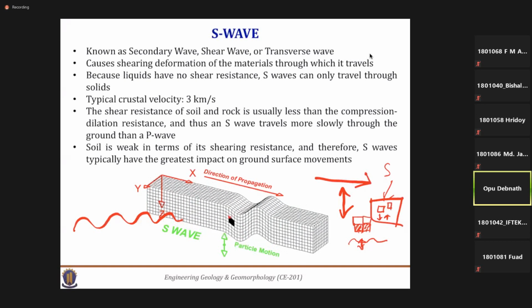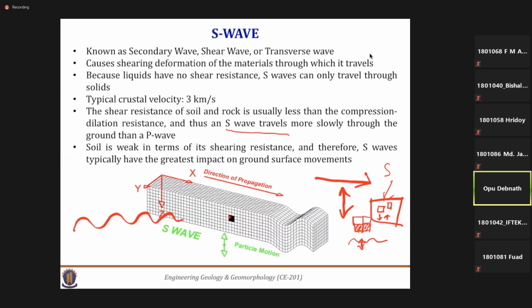And the soil, actually, usually has less shear resistance compared to compressional resistance. As the shear wave velocity is less, the S wave travels more slowly compared to the P wave.